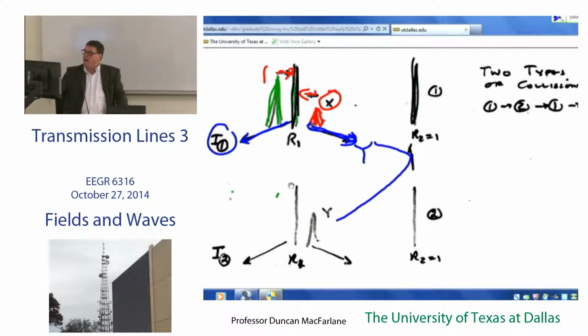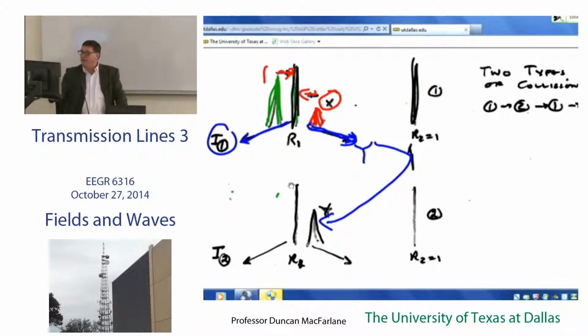and comes back around to interact with the partially reflecting mirror R1 in the dark space between the input pulses. Okay? So I call this a type 2 collision, where I have a pulse Y coming in and giving an output product of I2. Okay?